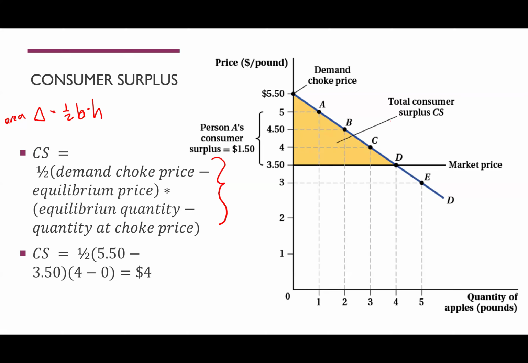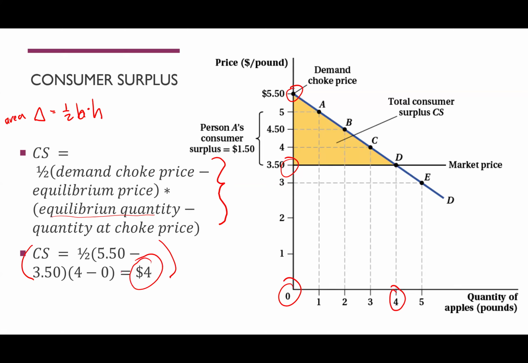Consumer surplus is 1/2 times the demand choke price, which is $5.50, minus the equilibrium price, which is $3.50. That gives us our height. And then the equilibrium quantity, in this case, is 4, minus the quantity at the choke price, which is always 0. You can see I've substituted all those values on this second bullet point, and then it's just easy arithmetic to find the total surplus available.